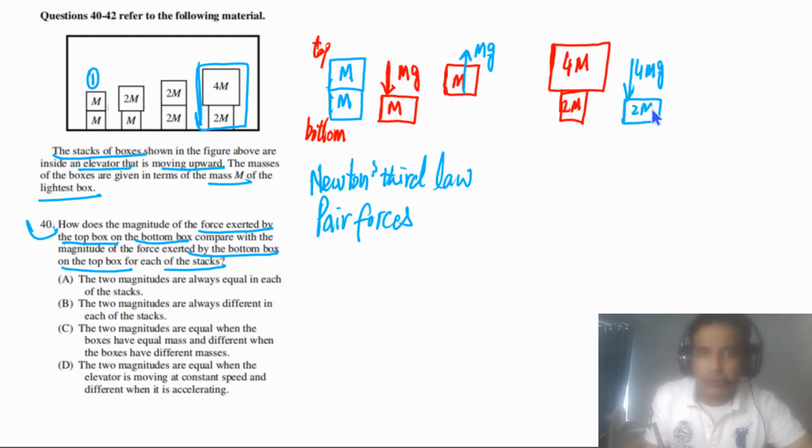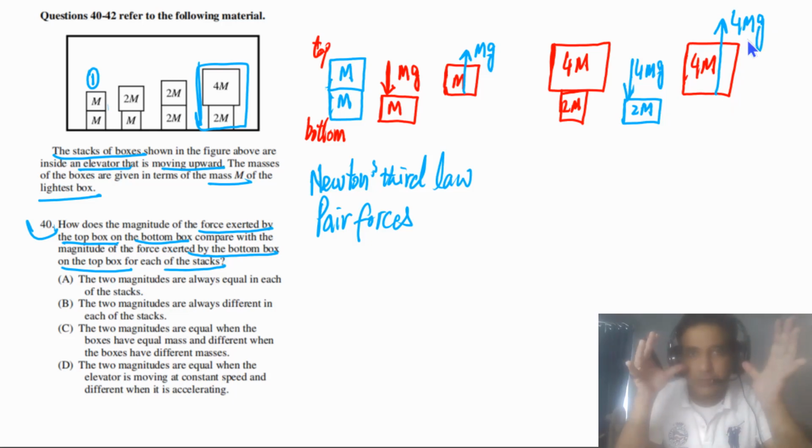So this is 2m, and the force on the 4m box will be equal to 4mg as well, because these are action and reaction forces.